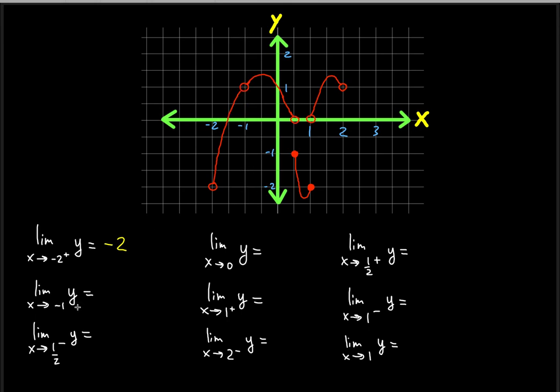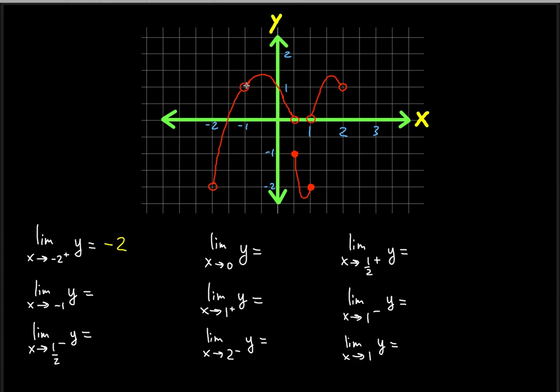In order for this limit to exist, both limits must agree. The right-sided limit and the left-sided limit must agree for the -1 target value of x in order for the overall limit to exist. Because once again, it doesn't say from the right, the plus sign, or from the left, the minus sign. It's just the overall limit.